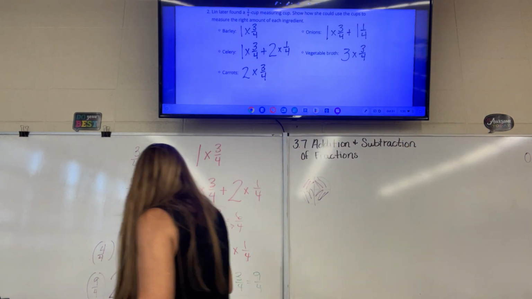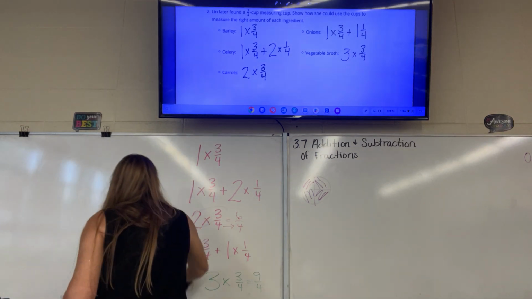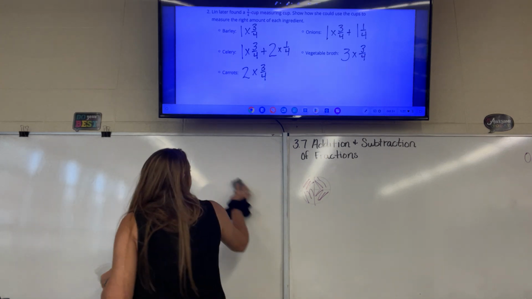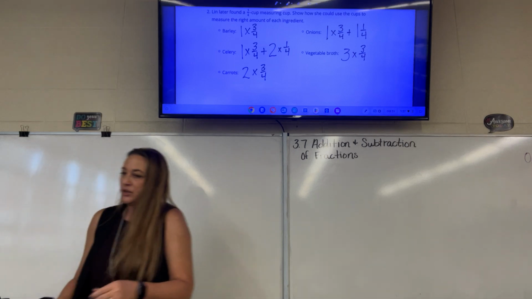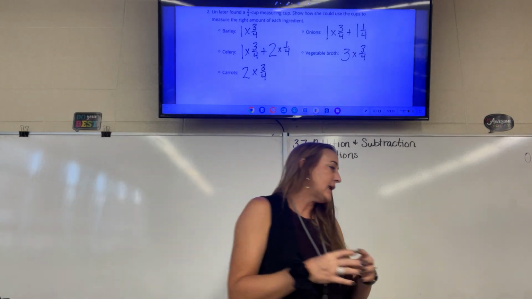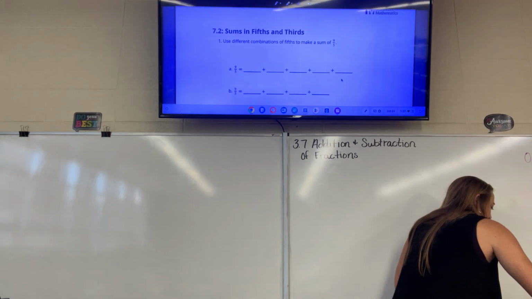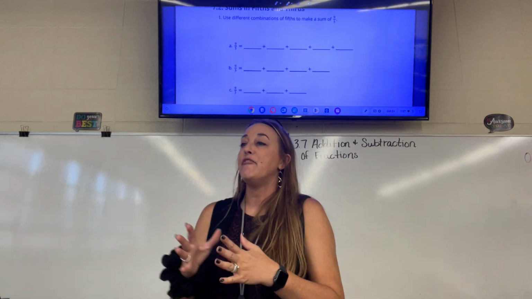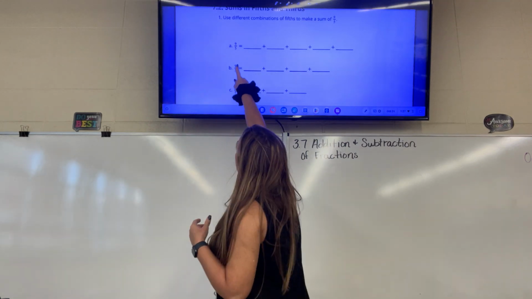Okay, turn to the last page. Now, this goes along with what I showed you guys at the beginning when I was showing you the counters. And they say they want us to use different combinations of 5th size parts to equal 9/5.